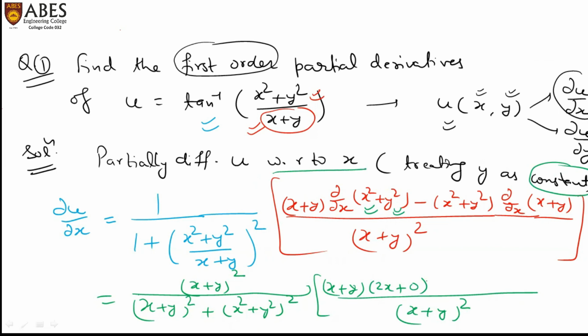Okay, so minus (x square plus y square), and again the partial derivative of x with respect to x is 1 plus the partial derivative of y with respect to x is 0.